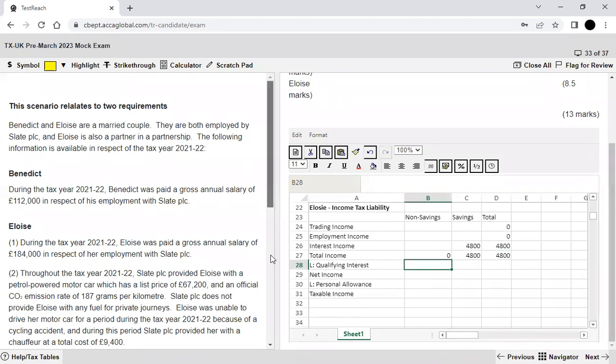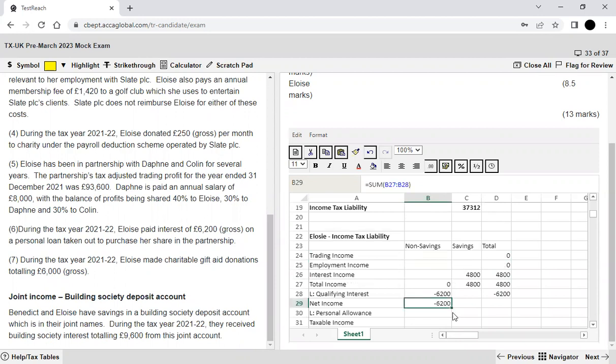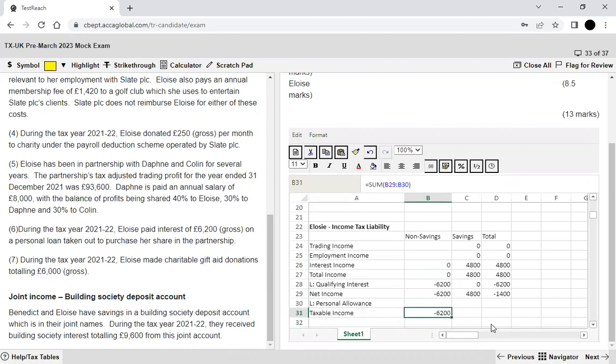Qualifying interest. Qualifying interest is by the amount. We'll be calculating the personal allowance explicitly.